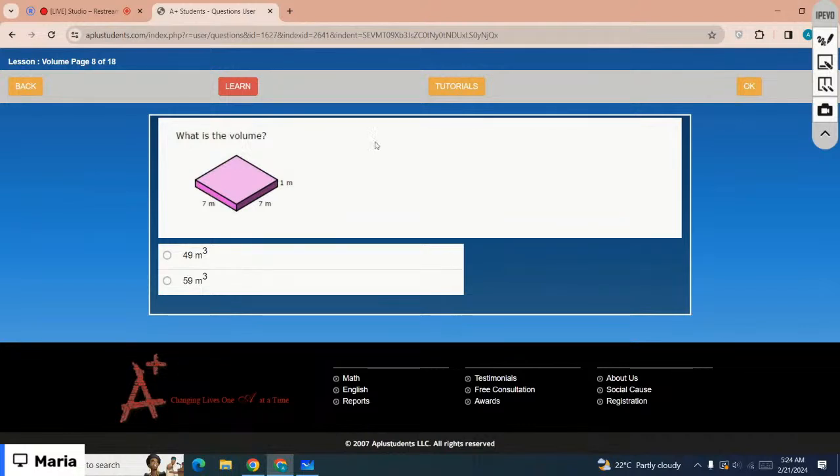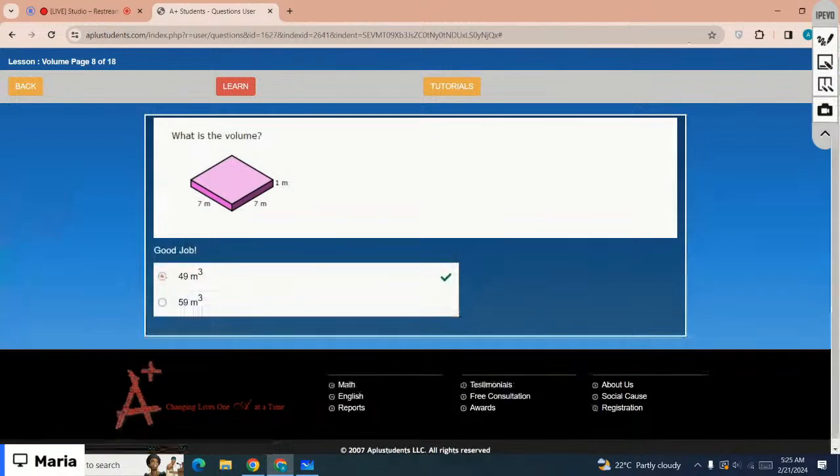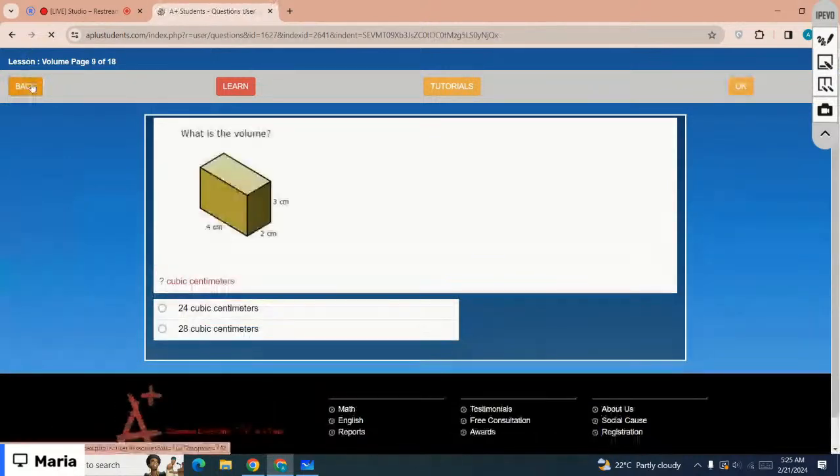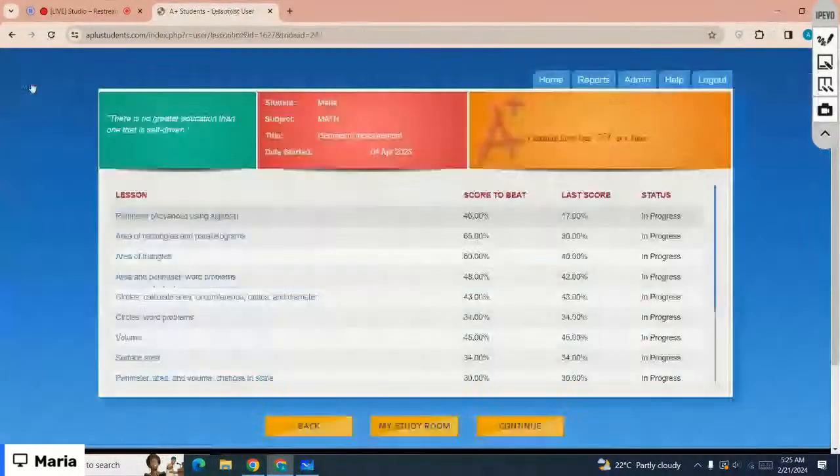Very good. Option number 1 is the correct option. Okay, you can complete the lesson by yourself, right? And the next one is surface area. Let's just start with the next lesson, that is surface area.